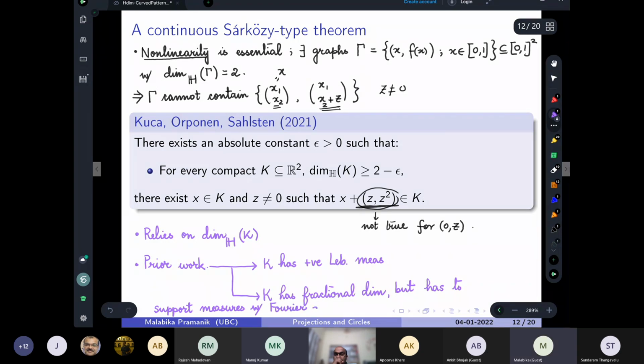So Kuca, Orponen and Sahlsten actually strengthened this, so their work was progress on both fronts.